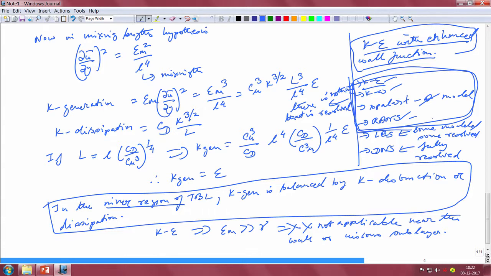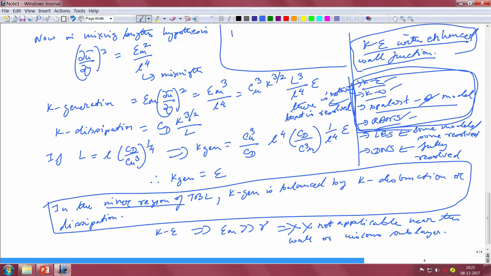That means you need to validate it using very stringent experiments. If you do not use experiments, then none of these models are actually good, and it has to match within a certain experimental space. So no matter what you use, Spalart-Allmaras or K epsilon or K omega or RANS, it does not really matter. You have to use all the models with a pinch of salt, and know how these models actually work.